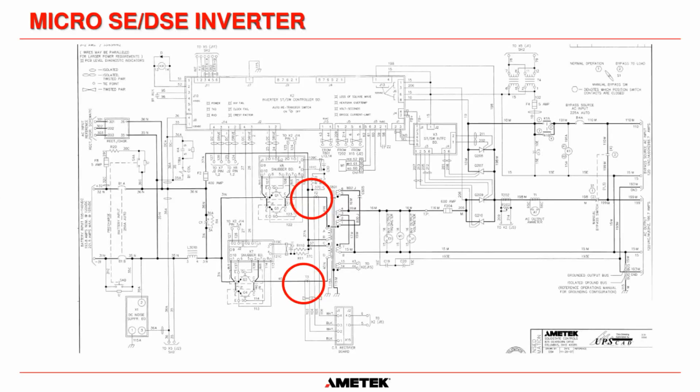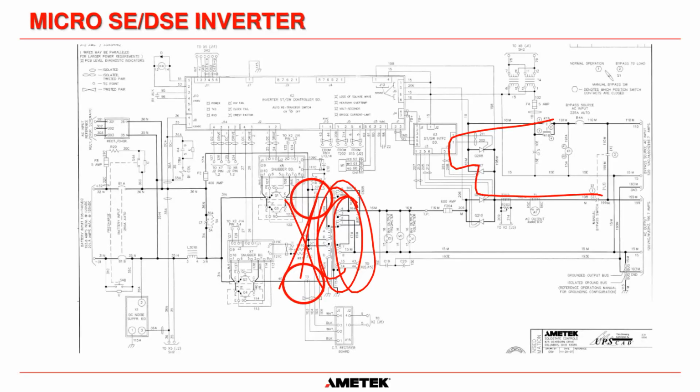But the really good thing about a CVT, or constant voltage transformer, is it has some stored energy. It can actually supply power for about half a cycle once the IGBTs are turned off. This stored energy in the transformer allows us to transfer to bypass seamlessly with that half cycle of stored energy.